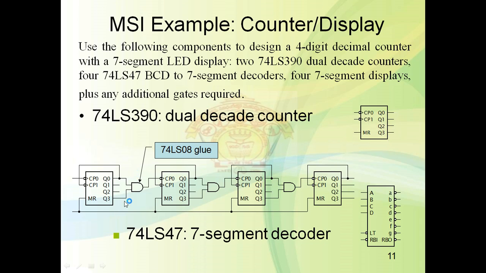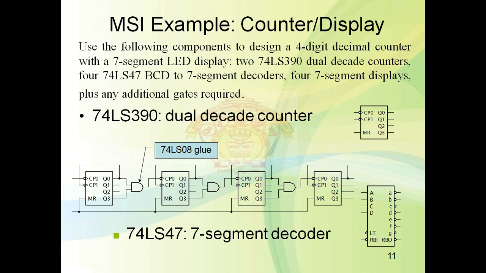Now we want to count BCD numbers, 0 to 9. When the clock input pulses go on changing, 1, 2, 3, 4, 5, and increase to 10, it counts from 0000 up to 1001.